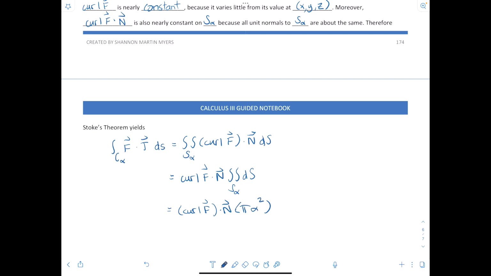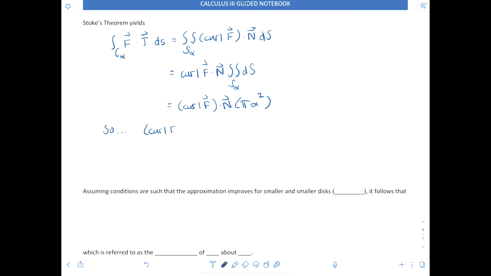And so the curl of F dot N will equal the line integral over the boundary C alpha divided by the area of the region enclosed by C alpha, which was pi alpha squared.